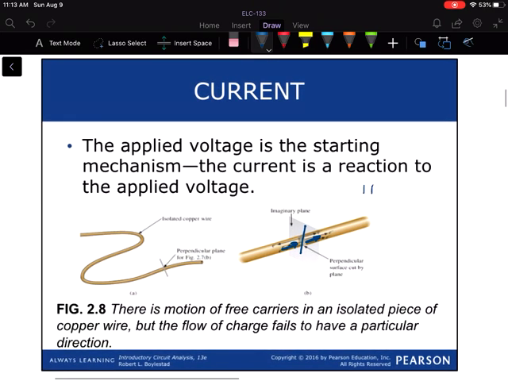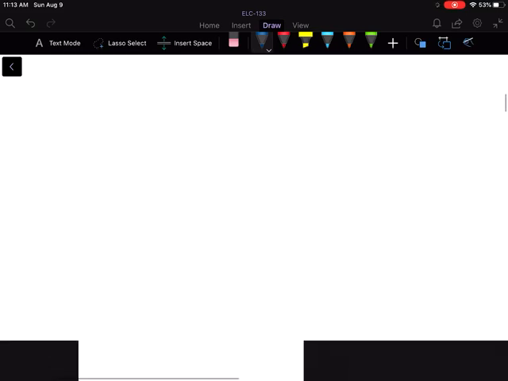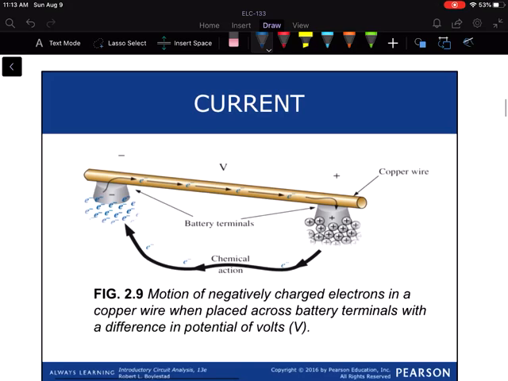So 1 ampere, or 1 amp, is equal to 1 coulomb for every second. So current is describing the flow rate of those electrons.